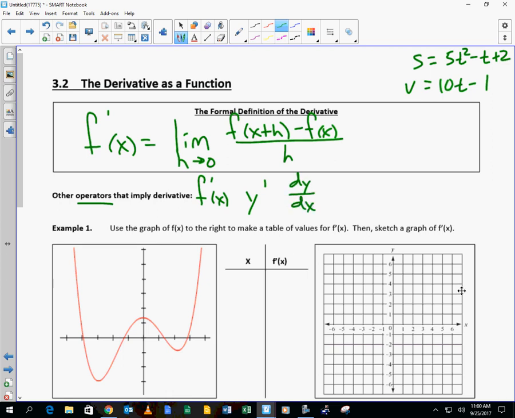If you see that, it means derivative. Or the derivative with respect to x. You might just see a big D with an x at the bottom there. Okay? Derivative with respect to x. We all good?